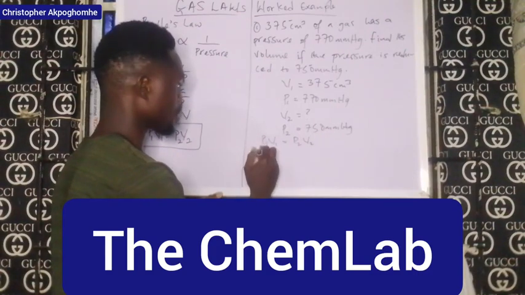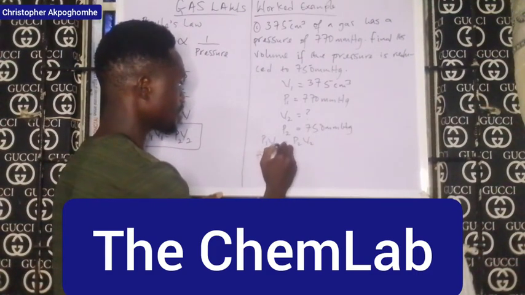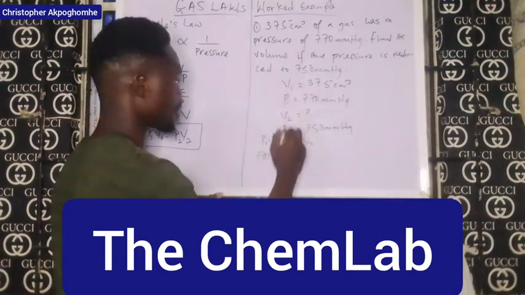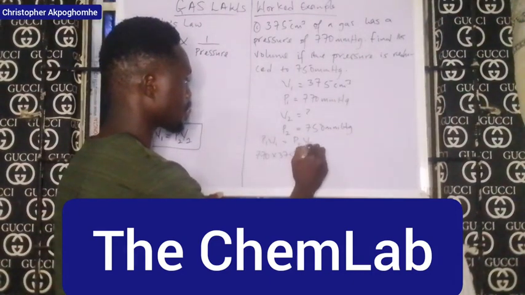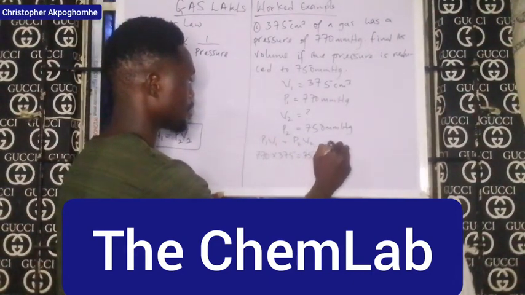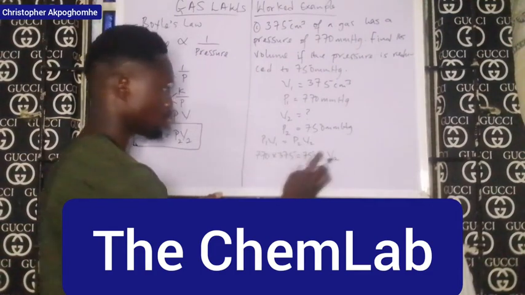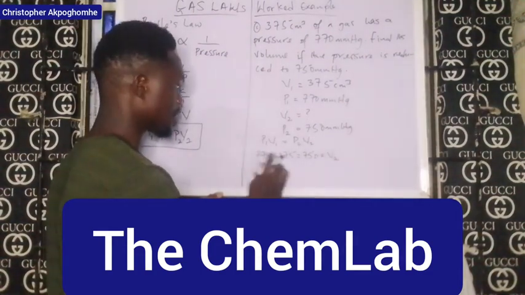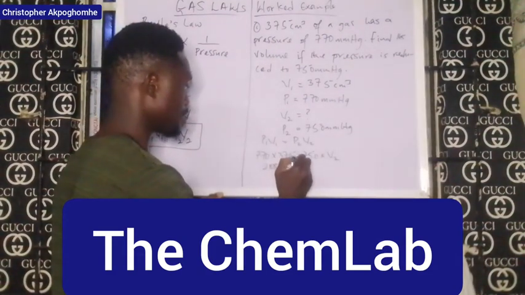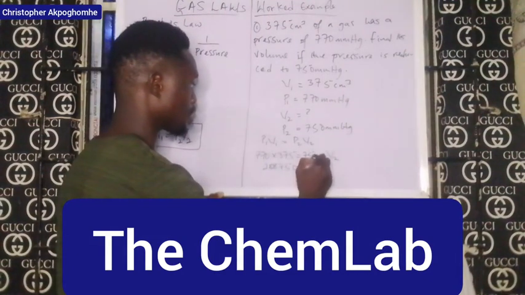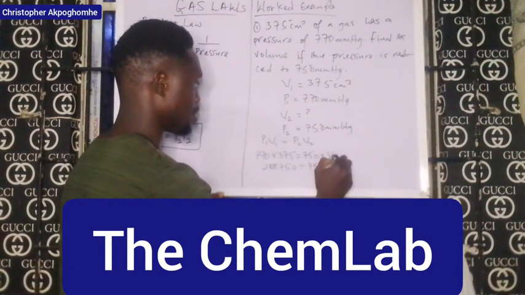Now P1 is 770 times V1 is 375, equal to P2 is 750 times V2. We don't know V2, that's what we're looking for. So this times this will give us 288,750 equal to 750 V2.